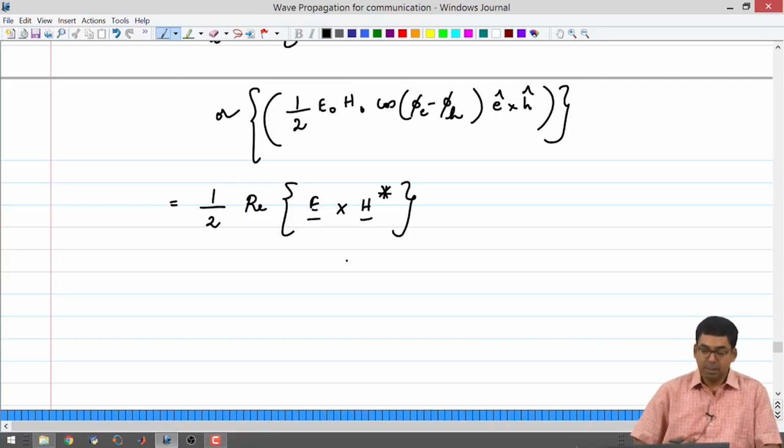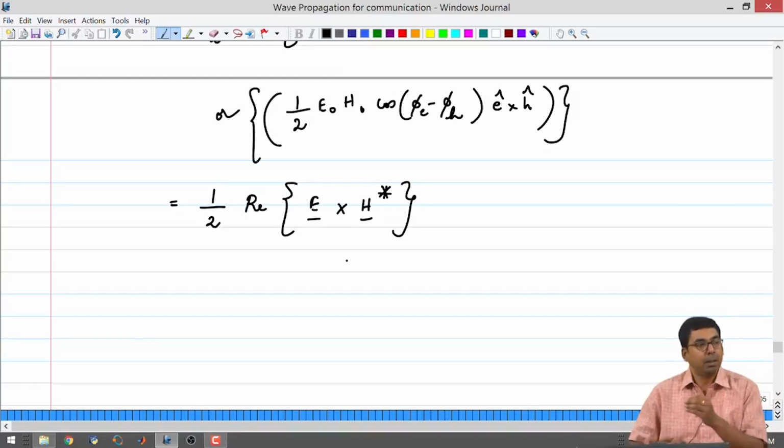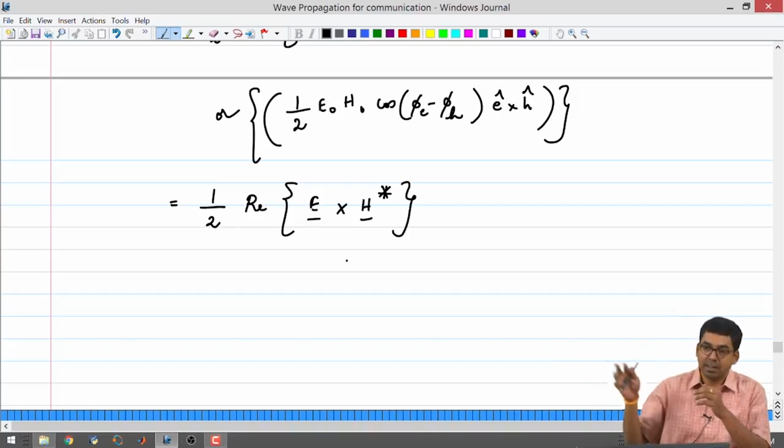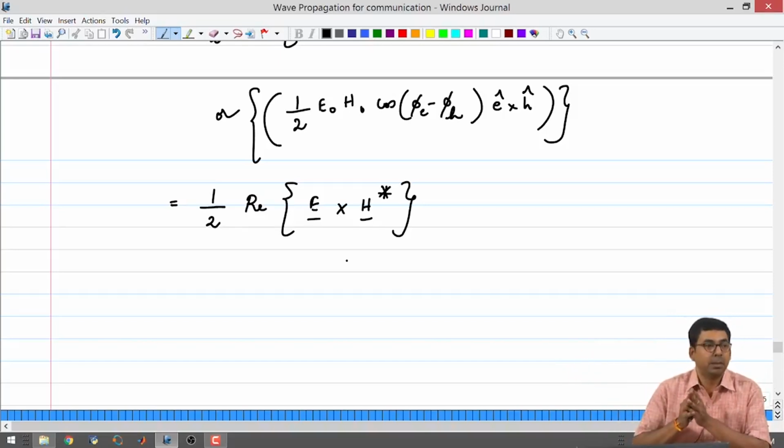So, this is a quantity that you can use to make some meaningful conclusions. And what kind of meaningful conclusions can one make? Whether it is a source, is it a detector, things like that, or whether it is passing through a surface or not. So, you may have inward power being equal to the output power on the other side, etc. So, the average power is the quantity that you need to look into.